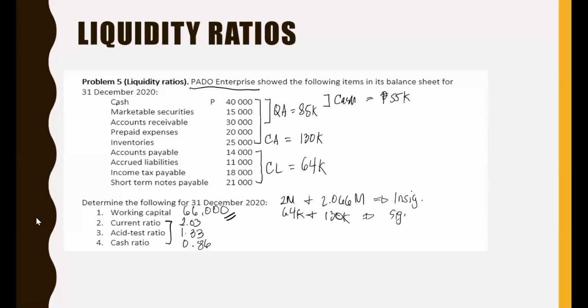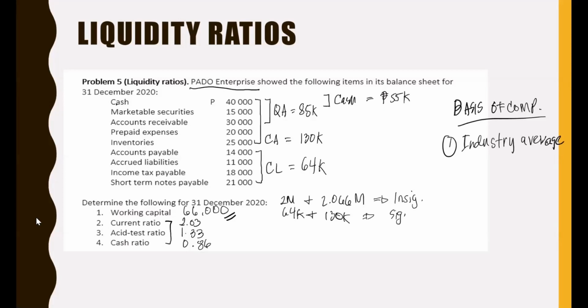No. So we need to have some basis of comparison. So sir, what is our benchmark or basis of comparison? Okay, so the basis of comparison is, number 1, we can compare these ratios with the industry average or industry standards. Okay, so average.